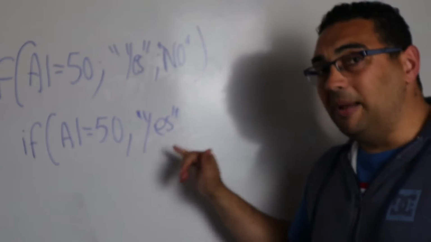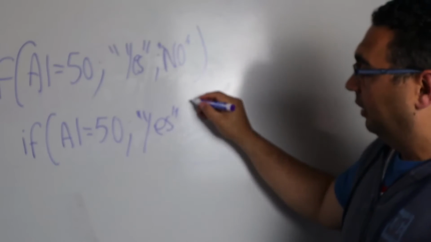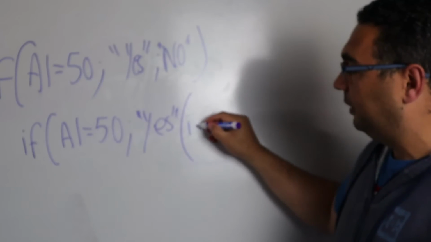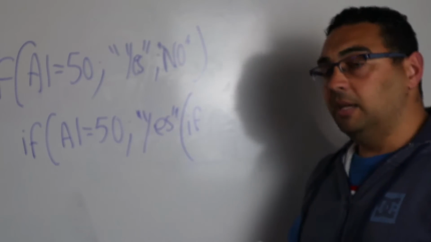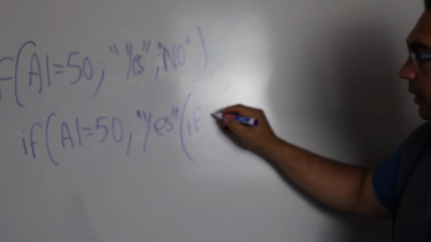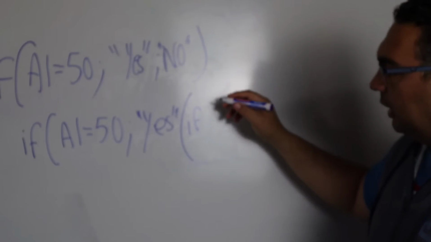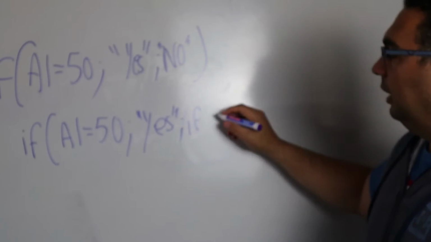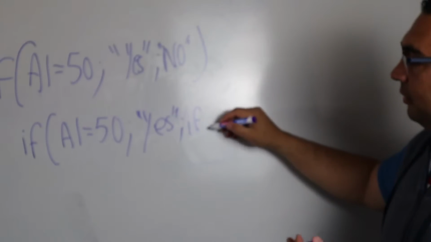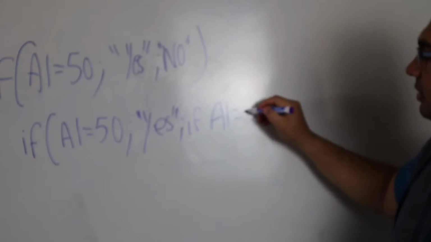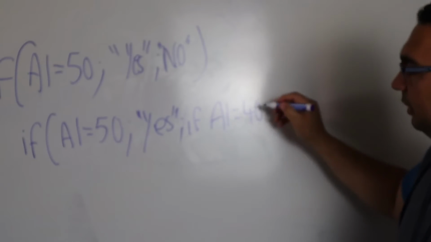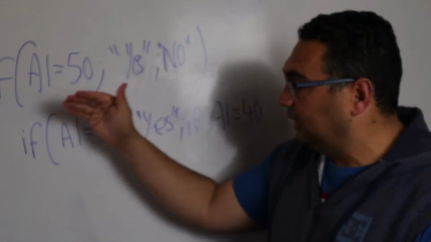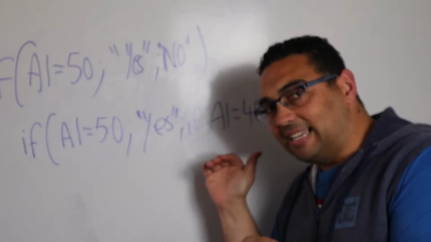That's what happens if it matches the criteria. Then, instead of me finishing up, I'm now going to open the next if statement and say, okay, well, if A1, let's say now A1 is going to be equal to 40, then something else must happen. So it's an if statement inside an if statement.